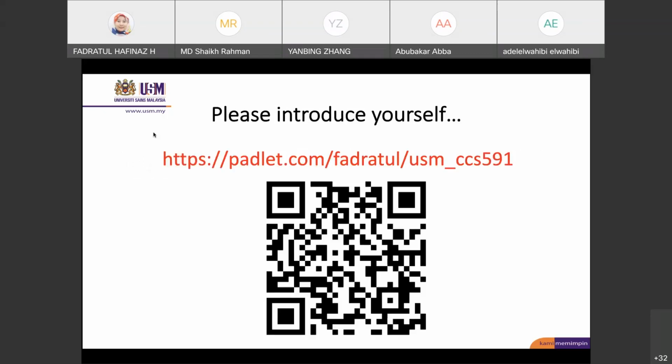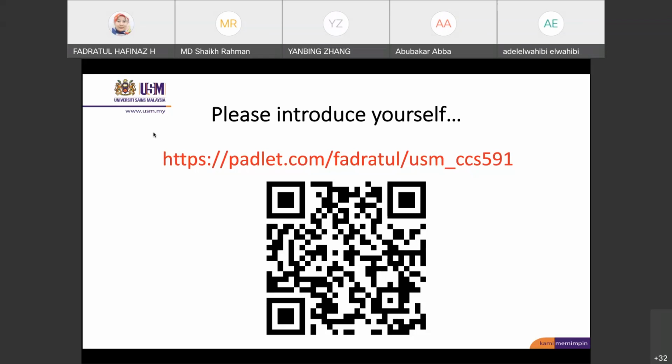So enough about me. Can you please also introduce yourself? Scan the QR code or go to the link given, and it will open a new page called Padlet, the CCS591 Padlet. On the bottom right, you will see the plus icon.